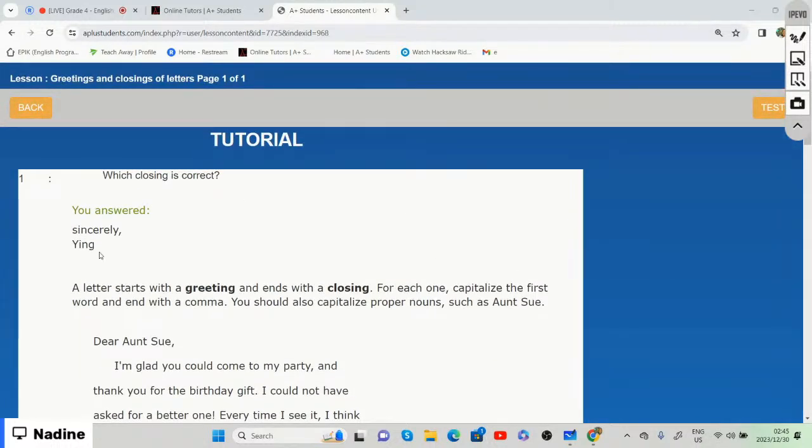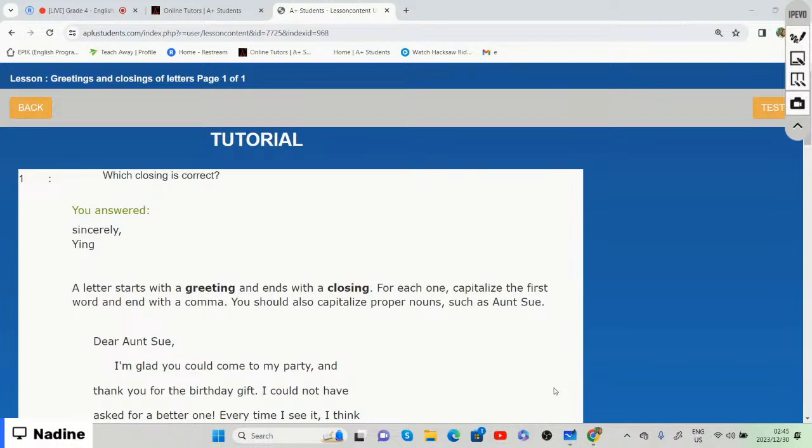All right, so that is our lesson on greeting and closing of letters, right? We said when it comes to greeting and closing of letters, a letter starts with a greeting. It's like greeting the person that you're writing the letter to. And it ends with a closing, right?